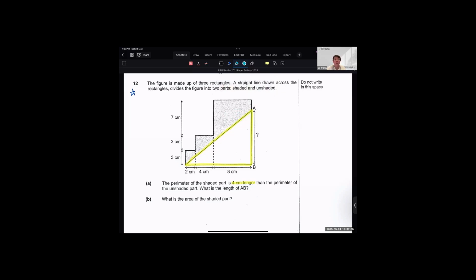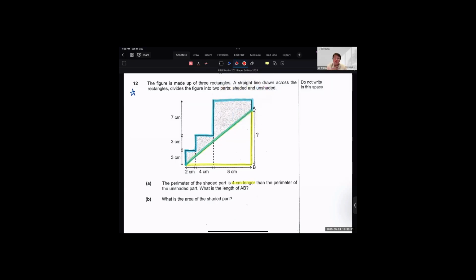What makes up the perimeter of the shaded part? So what exactly accounts for the difference? I use a third highlighter to show you what.